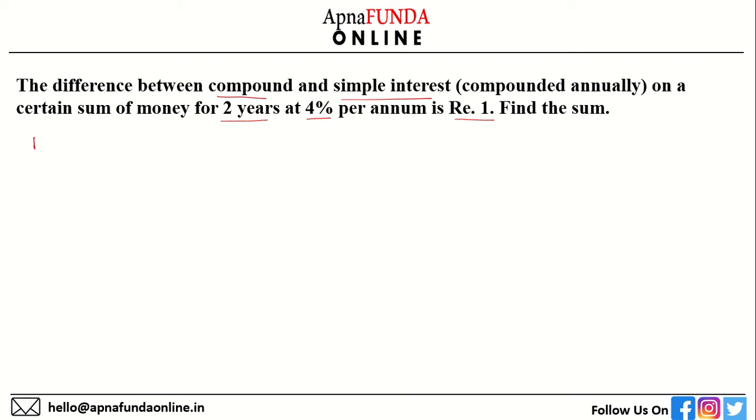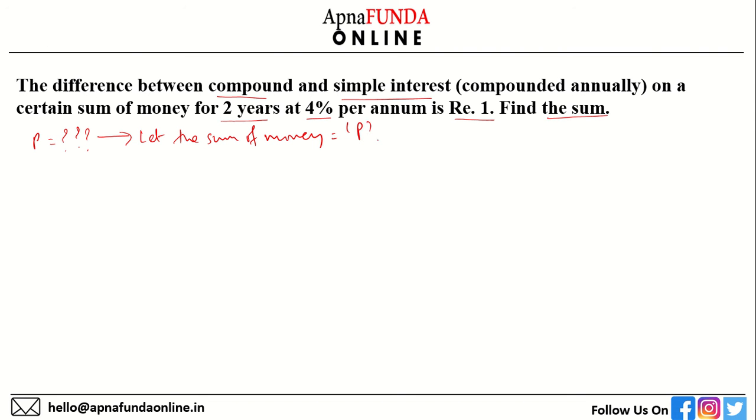So the very first information that is missing is the certain sum of money that was invested, and that is what we are asked to find. So let us assume the sum of money to be P.